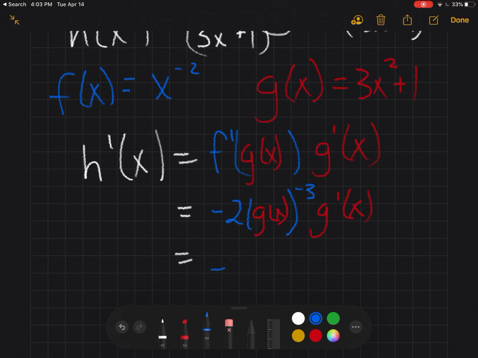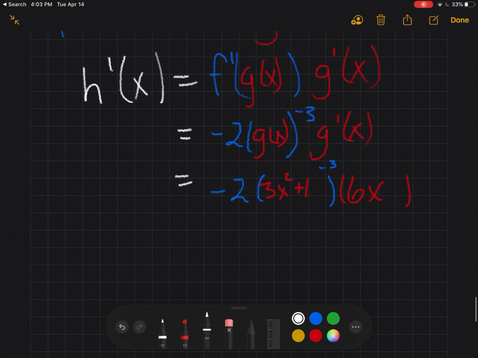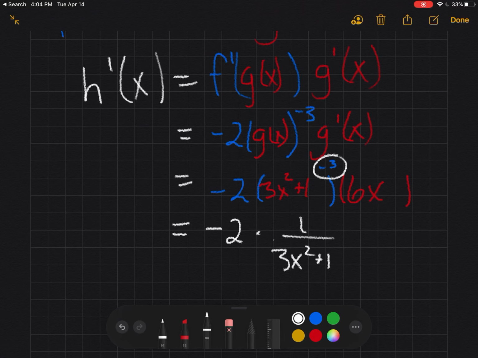So this is going to give me negative 2 times my variable to the negative third power. Inside here I'll have g of x and g prime of x. So then that's going to give me negative 2 times 3x squared plus 1, oops, I almost forgot my negative third power. Yikes. To the negative third power times the derivative of my inside function, which will be 6x.